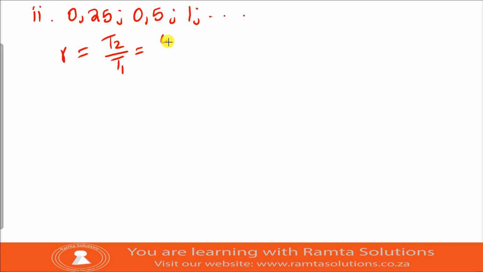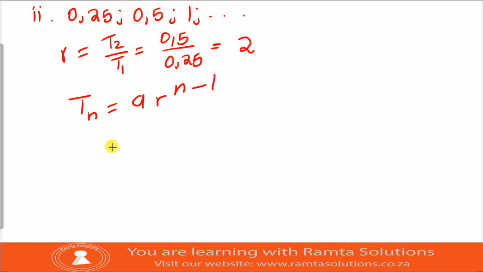What is T2? 0.5. What is T1? 0.25. And then this is 2, right? Now, Tn equals a r to the n minus 1. What is a? It is 0.25. What is r? It is 2. Alright? And then n minus 1.